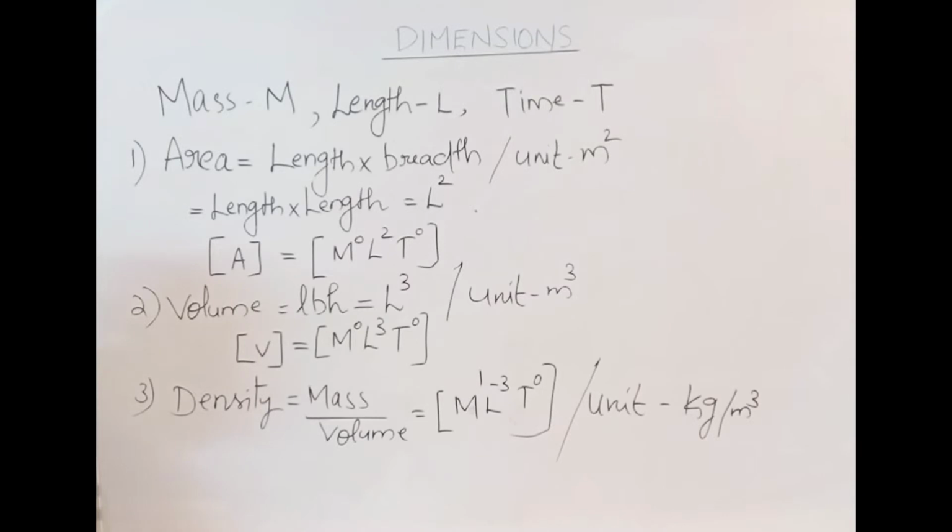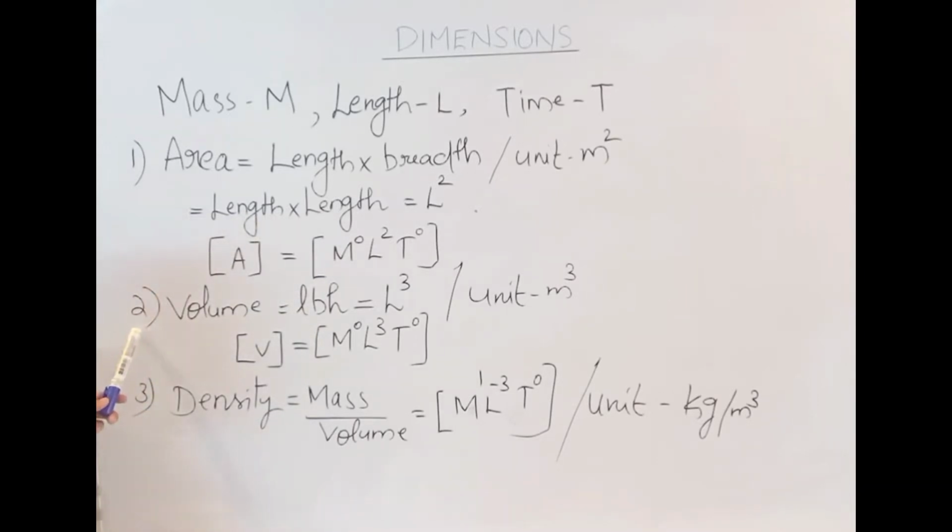So once again I will repeat the statement. The dimension of a physical quantity are the powers to which the base quantities are raised to represent that quantity. In the case of area, 2 in length and 0 in mass and time are the dimensions. Is it clear? So each power we have to find in the case of a physical quantity.